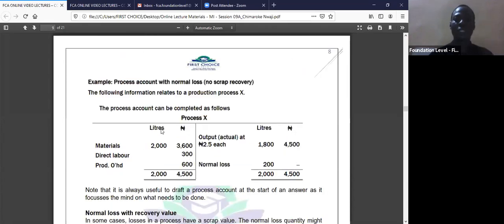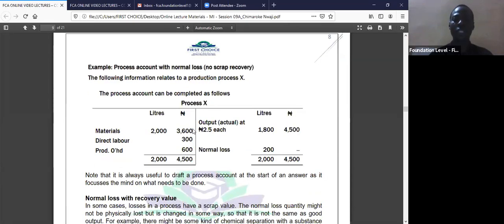So I said before that your materials will be in units and value, while your direct labor and overhead will just be in value. So the things here are total units 2,000, total value 4,500. You come and put the same thing here. That means you must have done the left hand side first, and you put the same thing, the denominator down and the totals down.